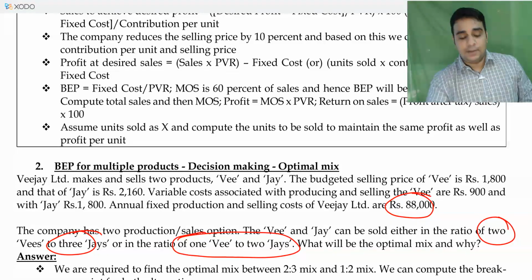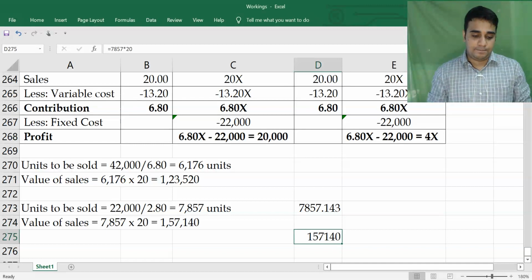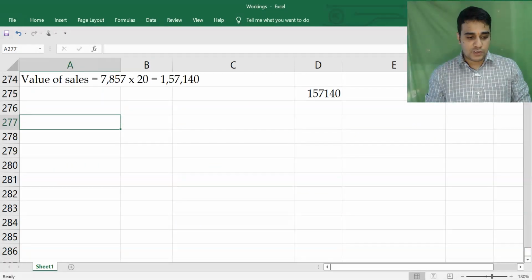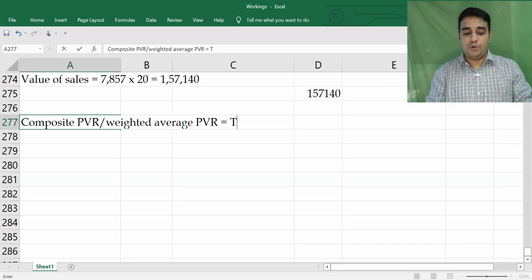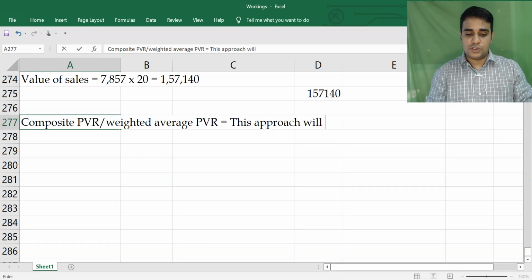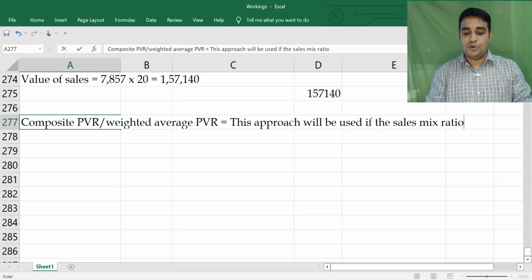The composite PVR. I'll give you time to write. Weighted average PVR: this approach will be used if the sales mix ratio is for amount of sales.